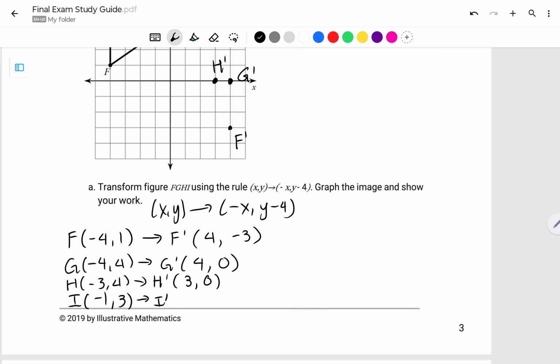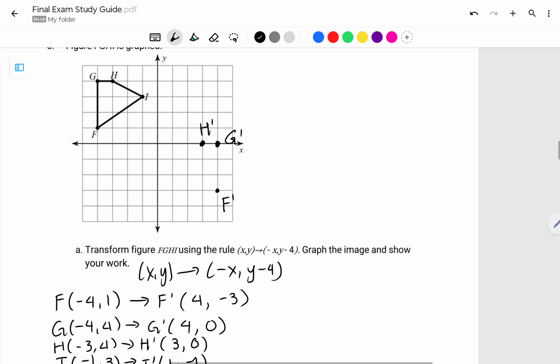And then I prime is going to be positive 1. 3 minus 4, that's negative 1. So positive 1, negative 1. Okay, it's my I prime. So if I connect my dots, I see that shape.